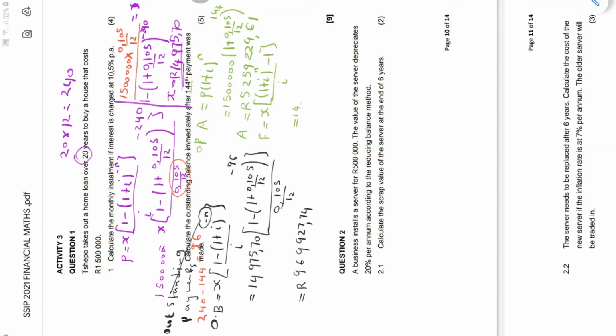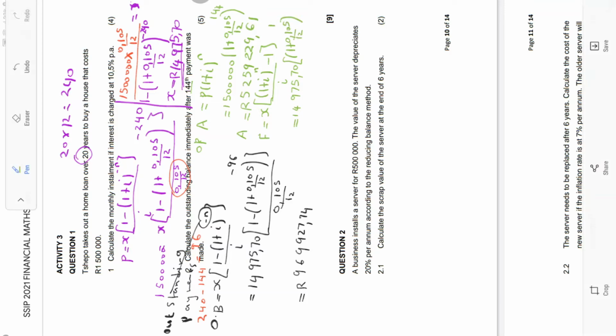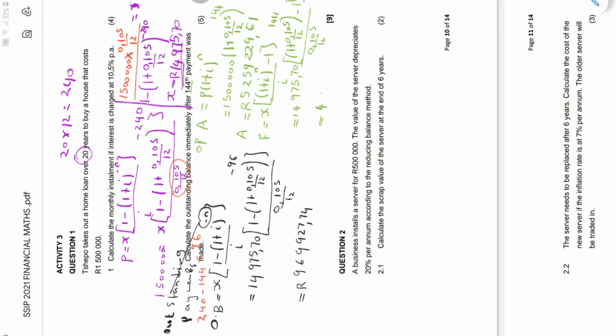Monthly it's 14,975.76, then (1 plus 0.105 over 12) to the power of 144 minus 1, over 0.105 over 12, and the future value of the loan in that case will be 4,089,302.47.